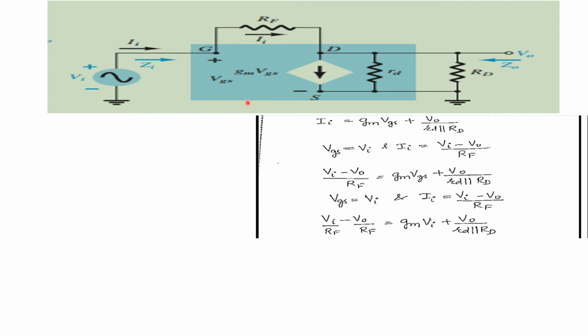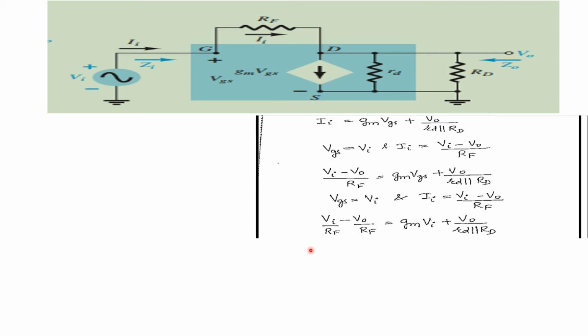So input voltage Vgs is equal to Vi, and the current Ii is equal to (Vi minus V0) upon RF. So (Vi minus V0) upon RF is equal to gm Vgs plus V0 upon (rd parallel RD). So you break down the relation, this one.